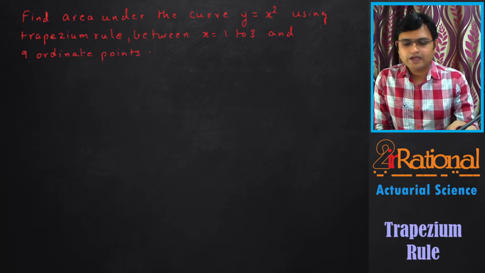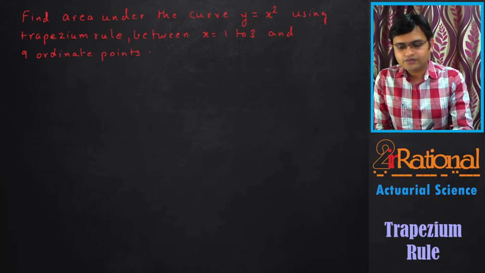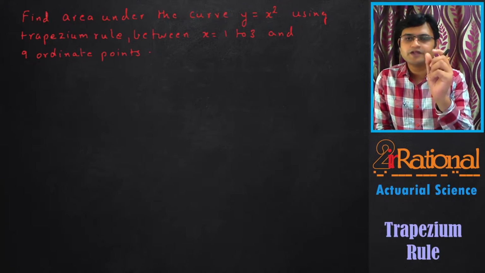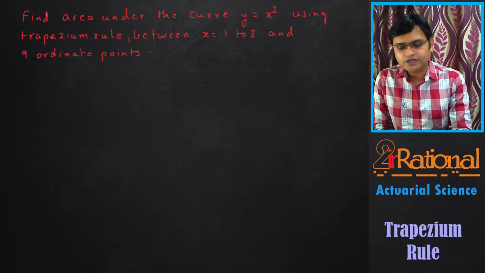As we are making 8 divisions here, we will first figure out what will be the difference between each of those divisions, or each of those points. So the simple formula would be (b − a)/(n − 1). So here we have (3 − 1)/8, that gives me 0.25.